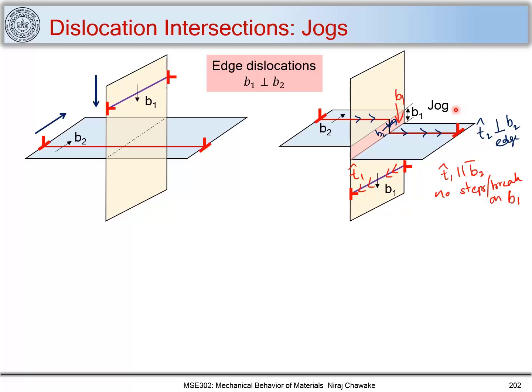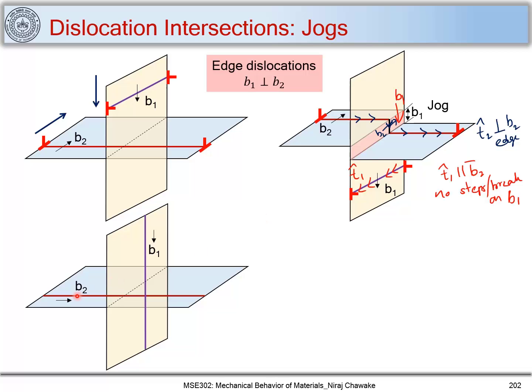Now to find out the character of this jog, what we have done is we found out the tangent vector of this dislocation, and the Burgers vector remains invariant for this dislocation. So this T2 is perpendicular to B2 and thus it has an edge character. Now let's look at another condition.